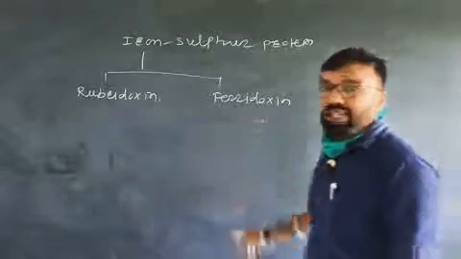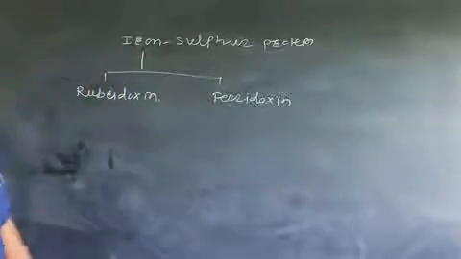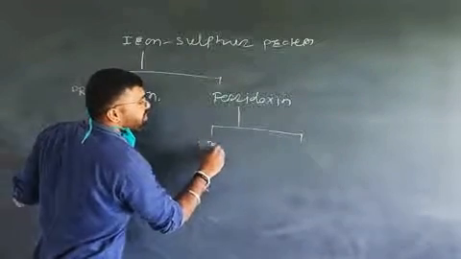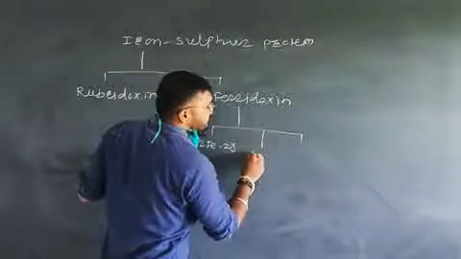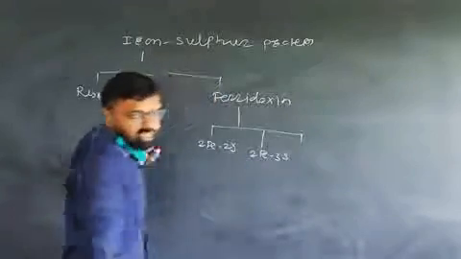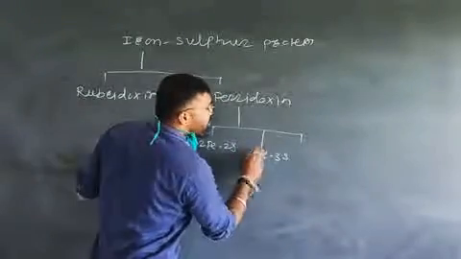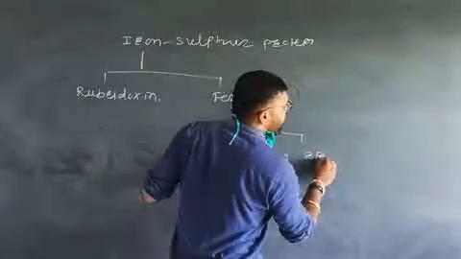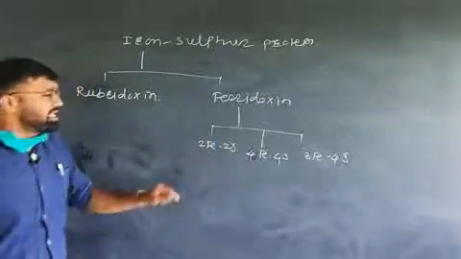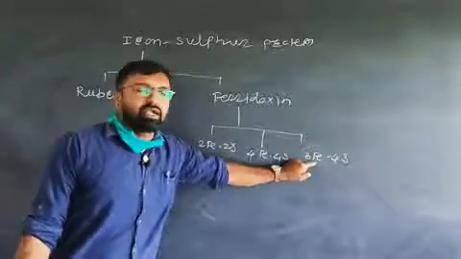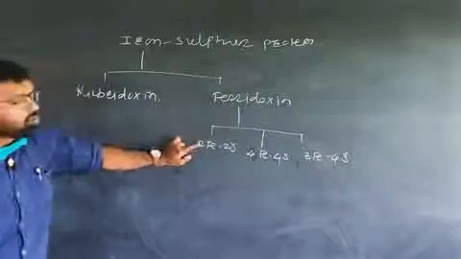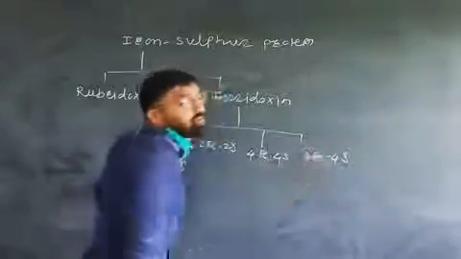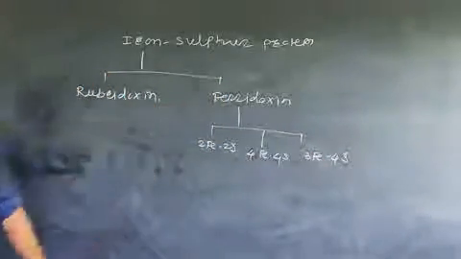Ferredoxin is divided into three categories: one is 2Fe 2S protein, second is 4Fe 4S protein, and the third category is 3Fe 4S protein. That means di, tetra and tri: 2 Fe atoms, 4 Fe atoms and 3 Fe atoms are present in the structure. This is the classification of ferredoxin.